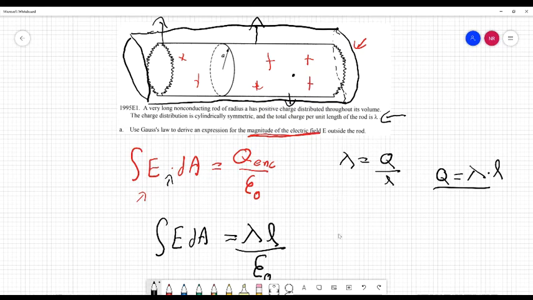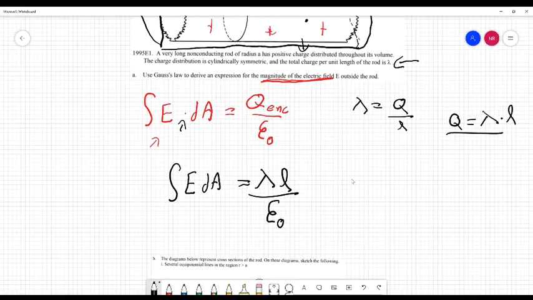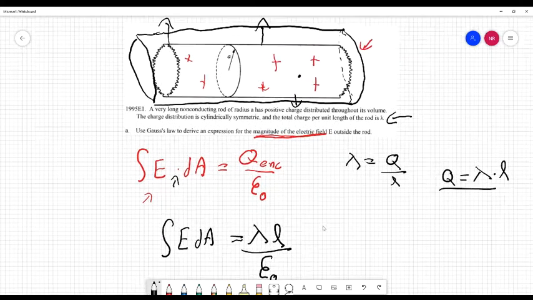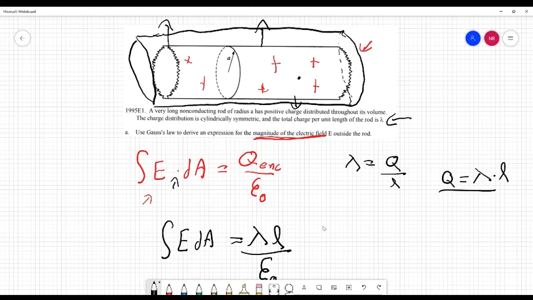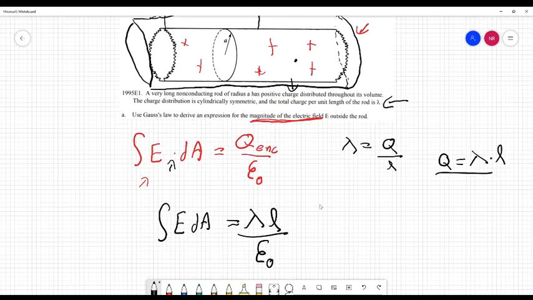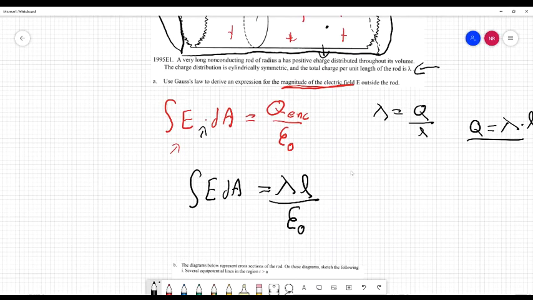And now we can work on the integral part. E will be the same throughout the Gaussian surface, because it's going to be a constant distance away from the cylinder that it's surrounding. So we're able to take that out of the integral and just make it E times the integral of dA.